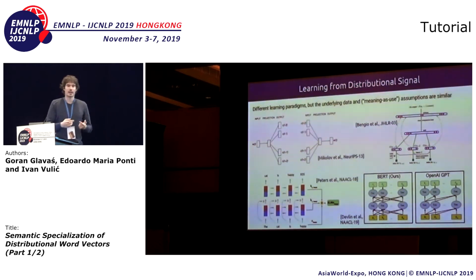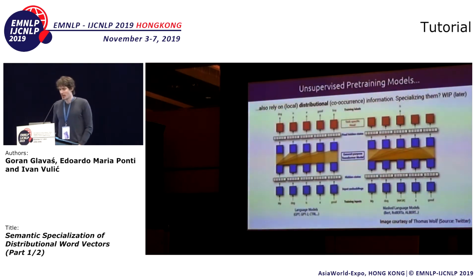And then we went back again to training language models, which still rely on the preceding or succeeding history of the current word, which is more or less local distributional information. I took this slide from Thomas Wolf, to again emphasize that although we switched from static vectors to these contextualized models, they still rely on local distributional co-occurrence.